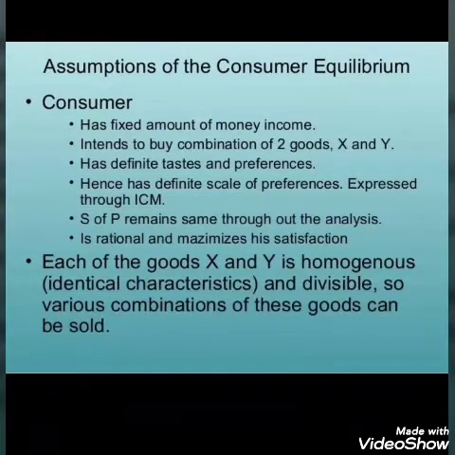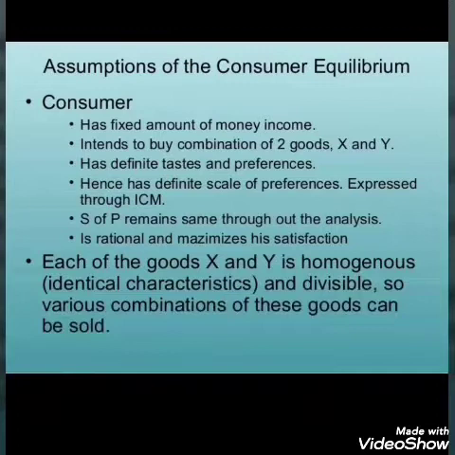If we eat one chapati, then we get less satisfaction, but if we get 5 chapatis, then we get more satisfaction. So these are some assumptions for the indifference curve analysis according to the consumer equilibrium.